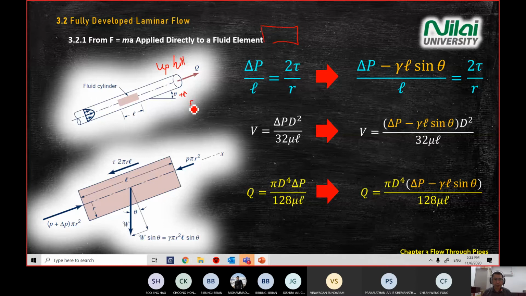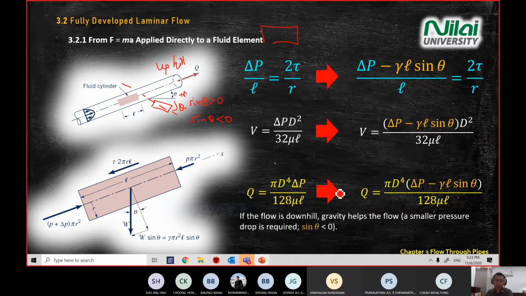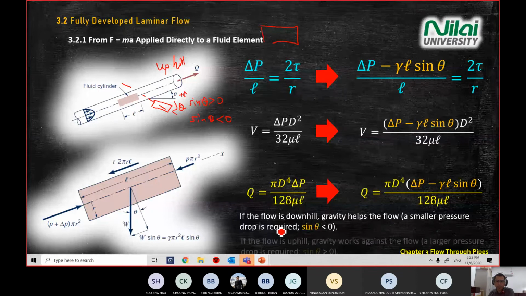Sine theta is more than 0. If we have a downhill, your pipe is going down like that, your theta is like that, so sine theta is less than 0, and then you use a negative value there. So this is just a note for these slides. Again, this slide is very important.